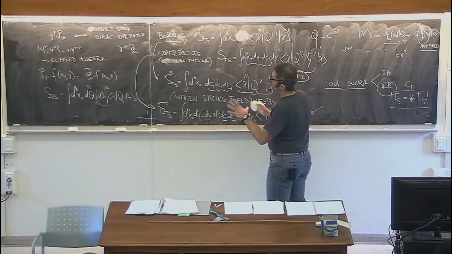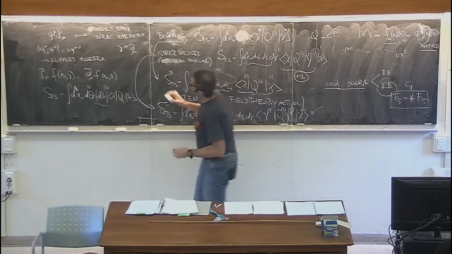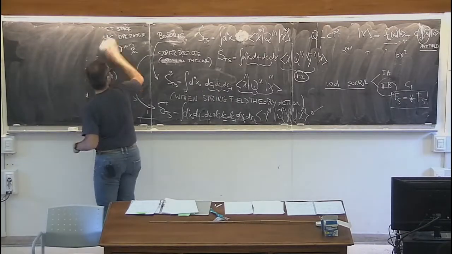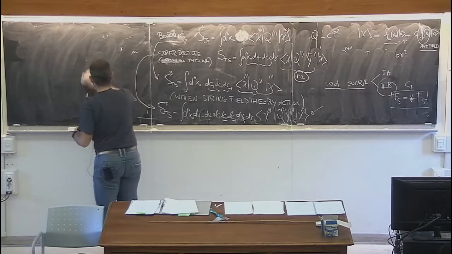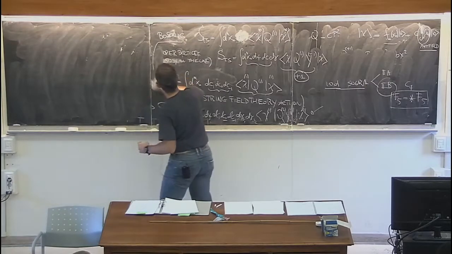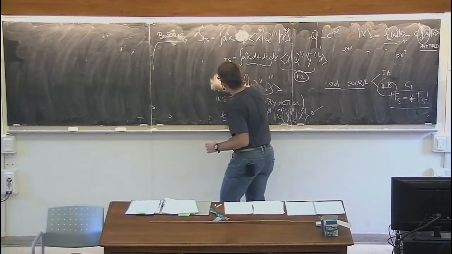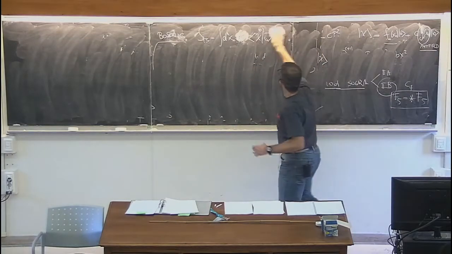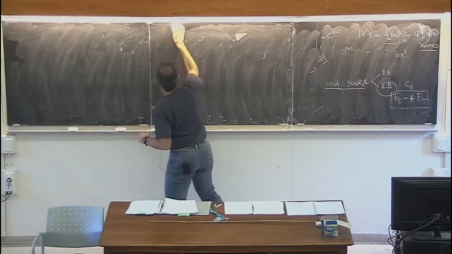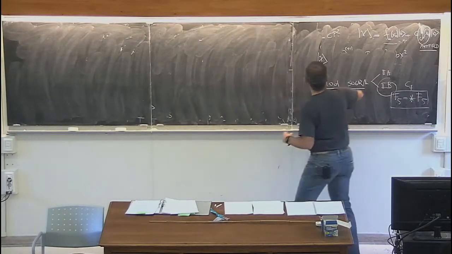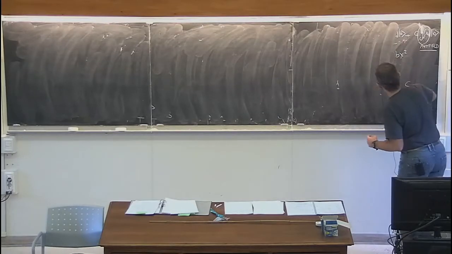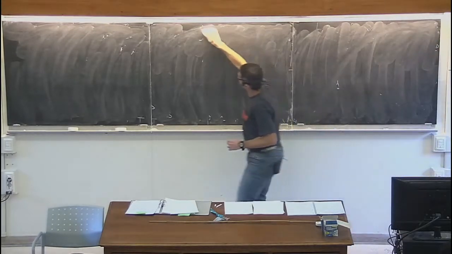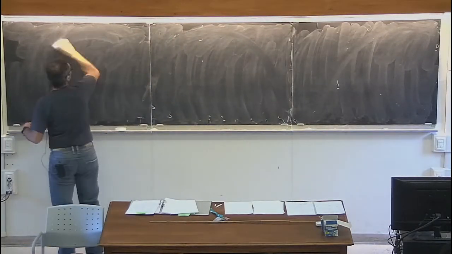So for the rest of the lecture, I want to do another example. Next week we'll go directly to strings, adding modes, but today I want to do one more example, still sticking to only zero modes.